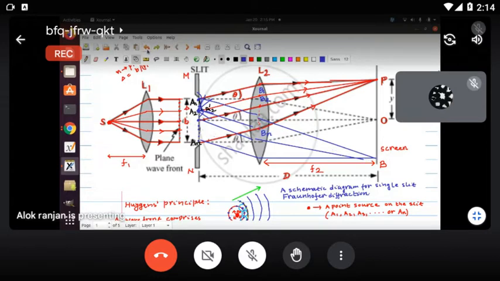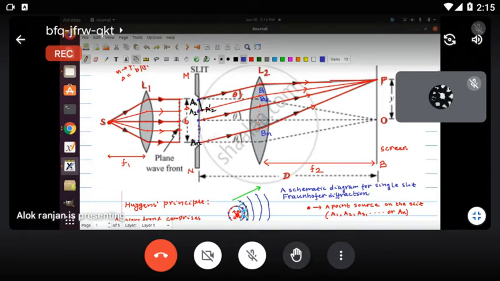So now let me erase it because the picture will be much more complicated and very difficult to explain. Okay, so now we have a beam, a light ray along this direction, which will make an angle theta with respect to the undiffracted beam.